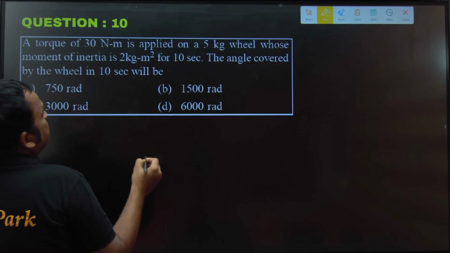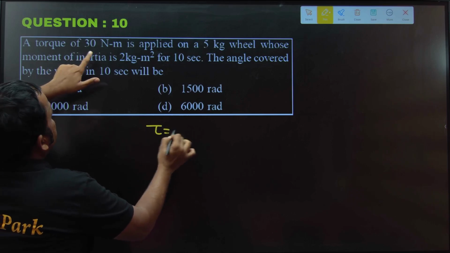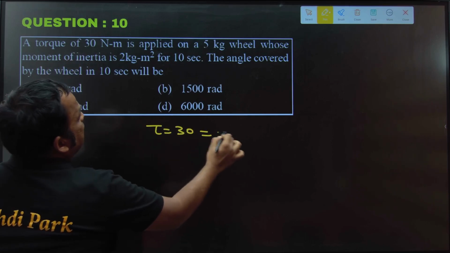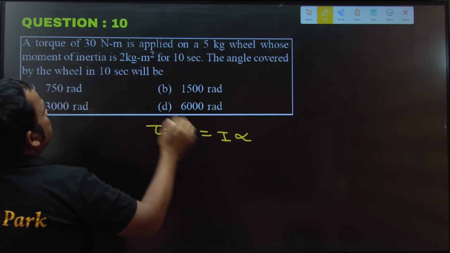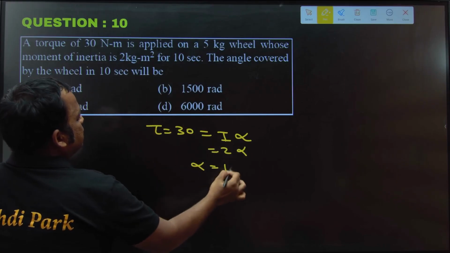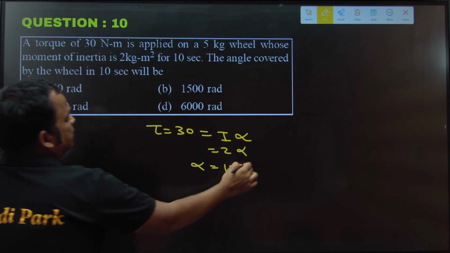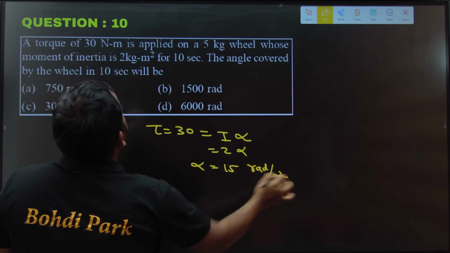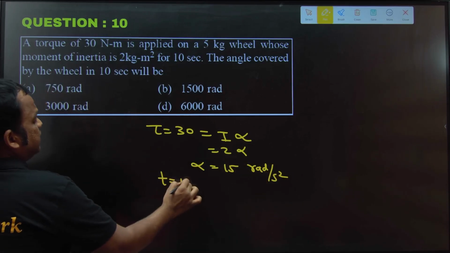Torque is given 30, which is equal to I alpha, and I is given 2. So alpha is equal to 15 radian per second square. Time is given 10 seconds.